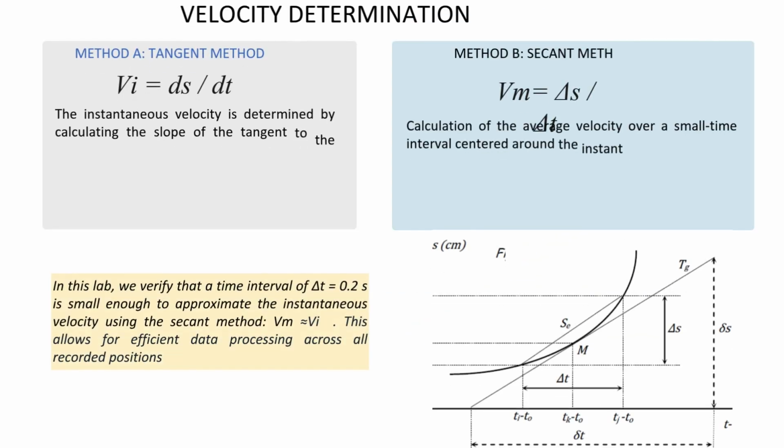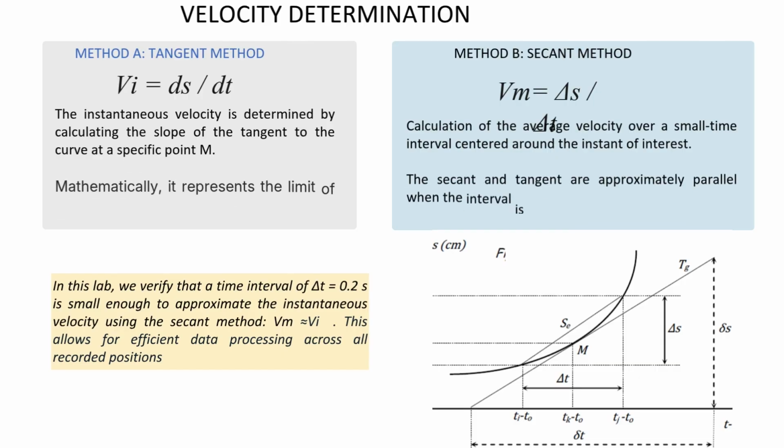To determine instantaneous velocity from our discrete positions, we employ a finite difference approximation over a small interval of 0.2 seconds. The average velocity becomes mathematically equivalent to the tangent slope.